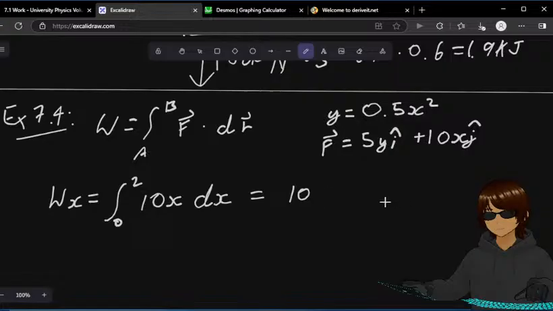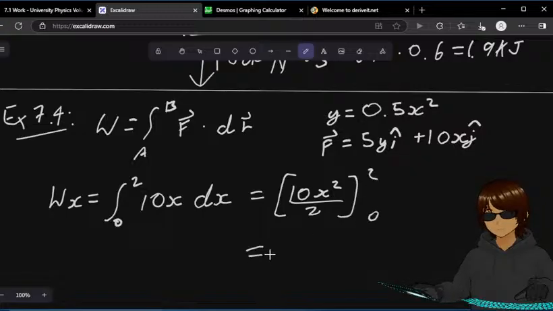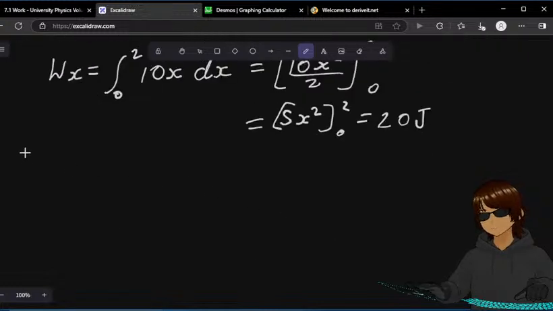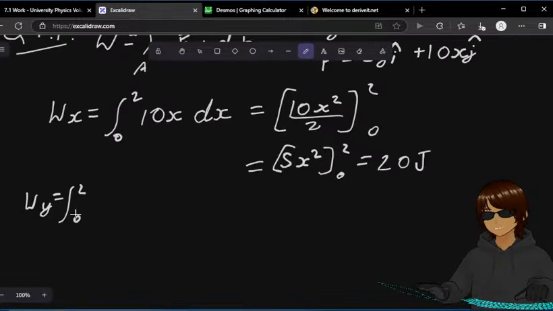No, no, no. Five x squared. We have 5 times 4 is 20, and then 0 doesn't count. And then in the y direction, we have 5y.